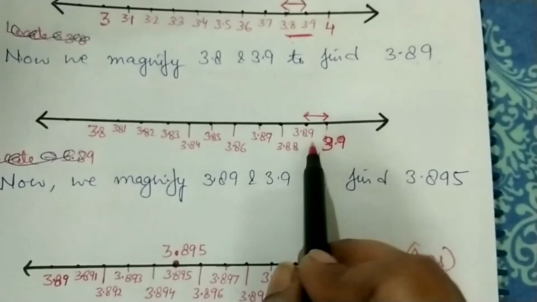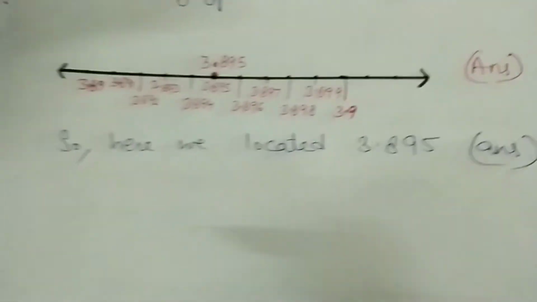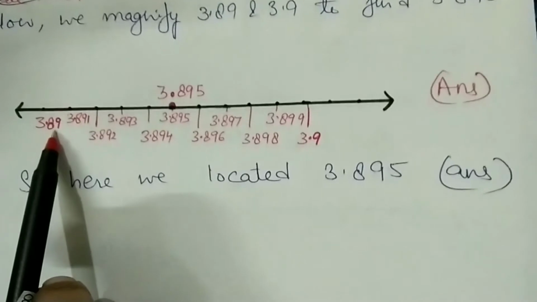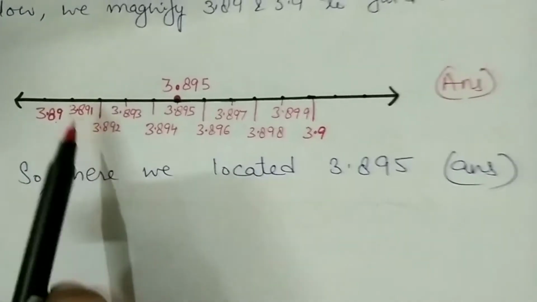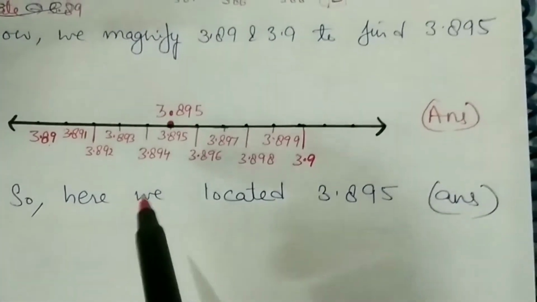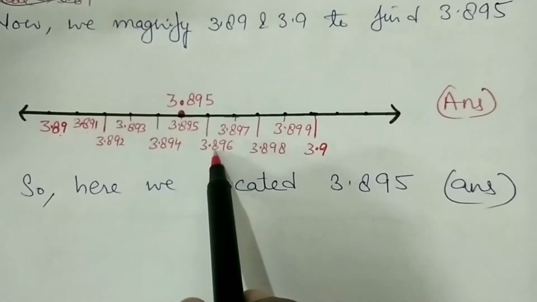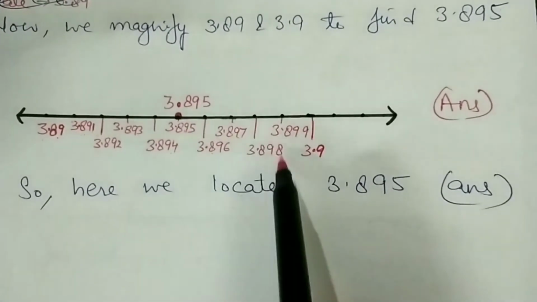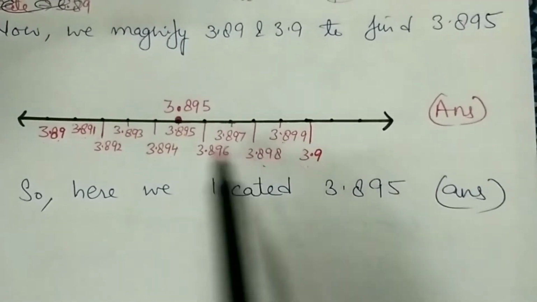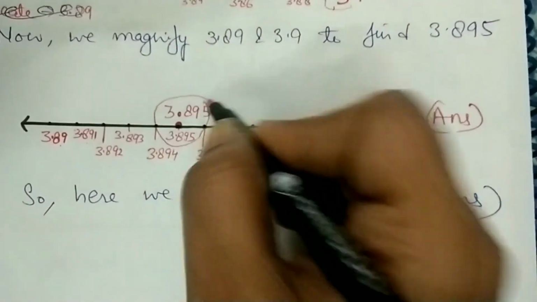Now we have to magnify 3.89 and 3.9. When we magnify, we get 3.89, 3.891, 3.892, 3.893, 3.894, 3.895, 3.896, 3.897, 3.898, 3.899, 3.9. So 3.895 we have successfully marked.